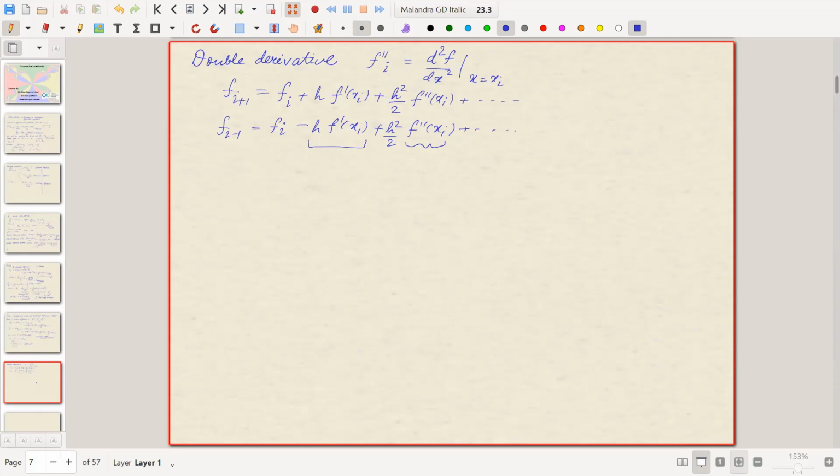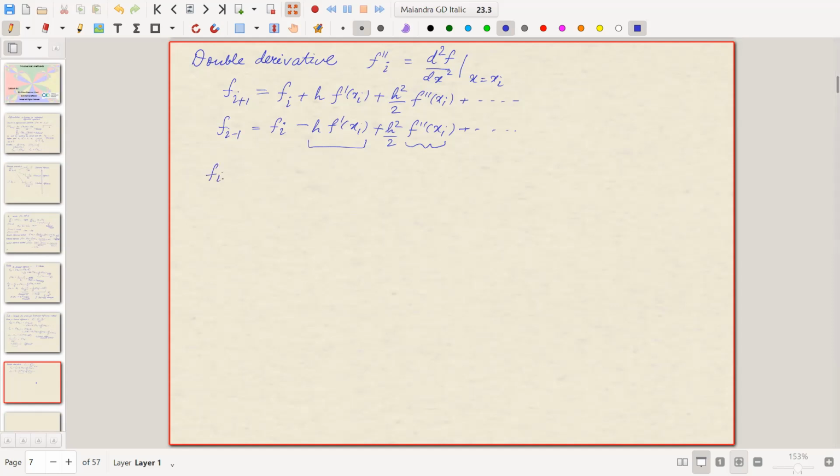Just add these two. Plus h f prime xi and minus h f prime xi get cancelled, and then you have the addition of 2 f double prime of xi. Previously, in order to get the single derivative, we subtracted both of them. Now, in order to get the double derivative, we are adding them up. So it's up to you what you want to do.